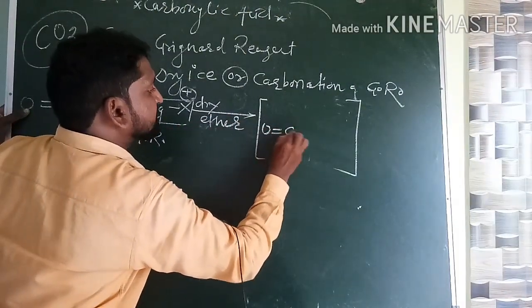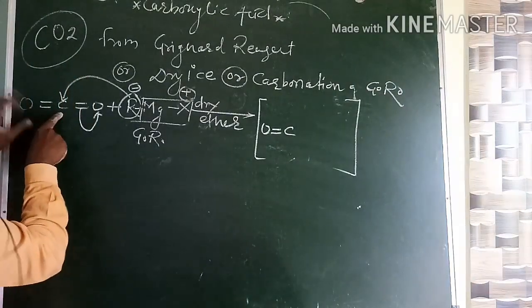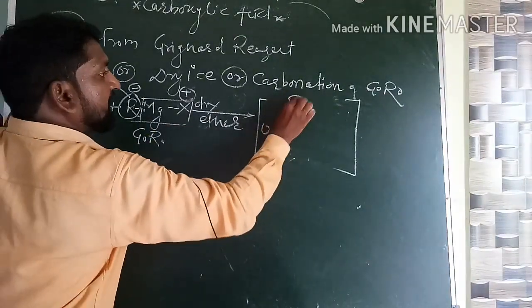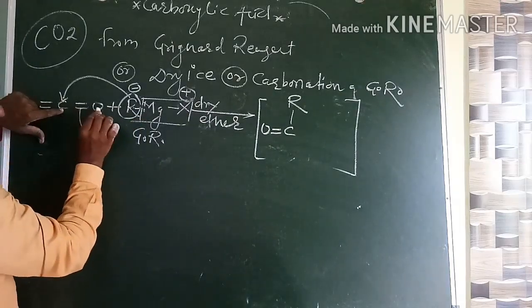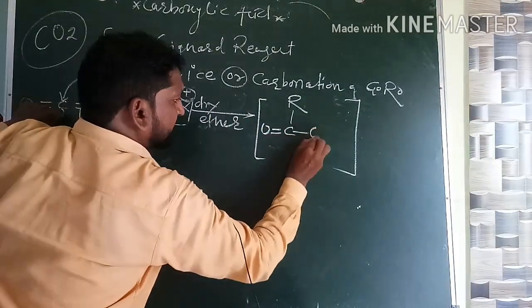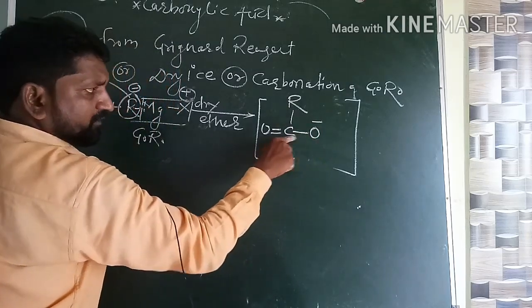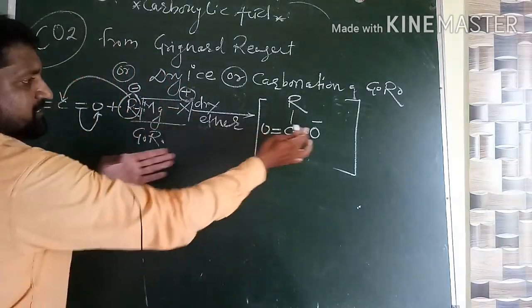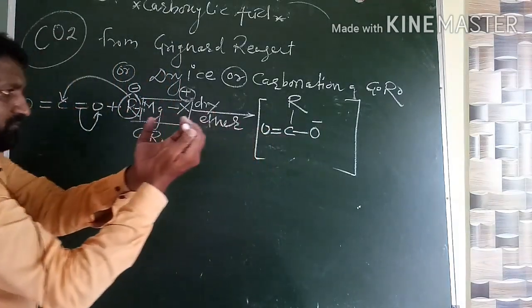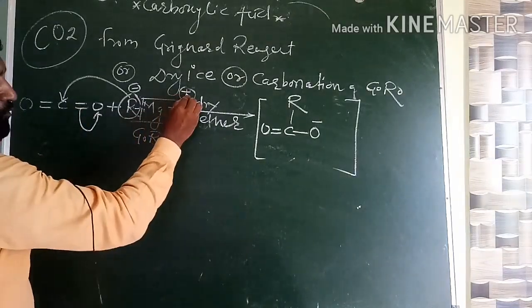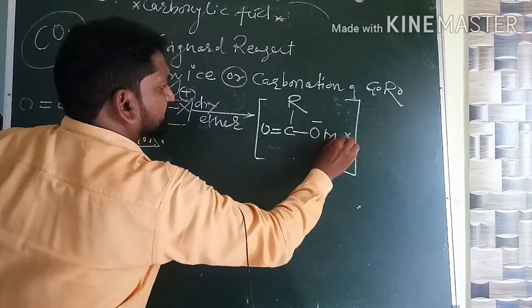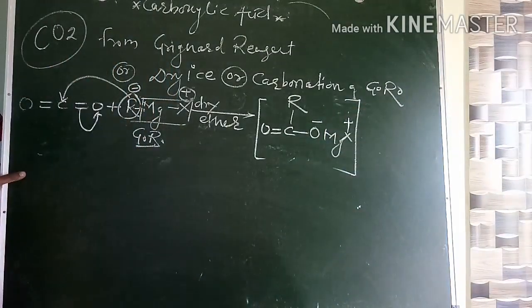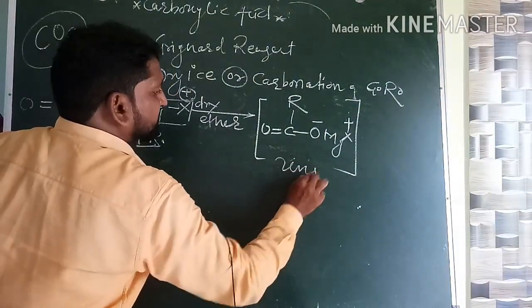So see here what happened. O double bond C, with incoming R from the Grignard reagent; this bond shifted onto this oxygen atom in the form of negative charge, therefore single bond. Now this negative charge attracts the positive portion of the Grignard reagent, MgX, which is highly unstable.